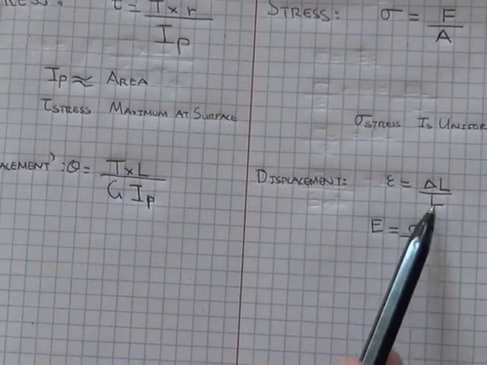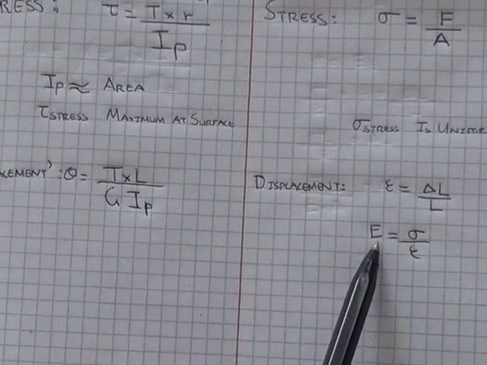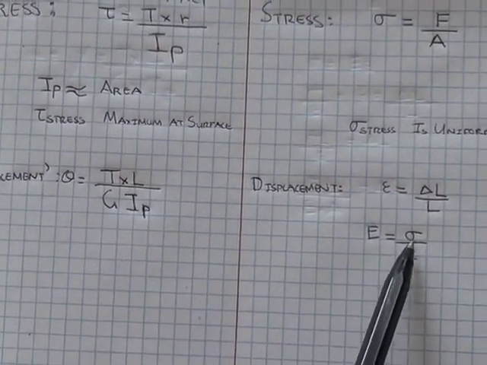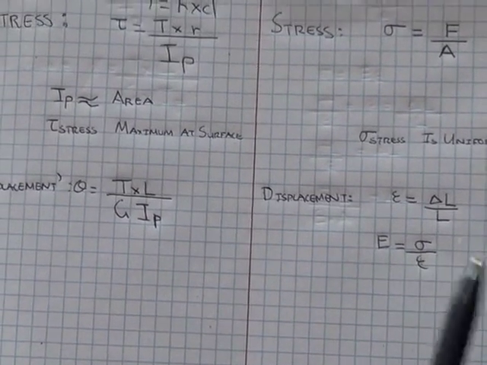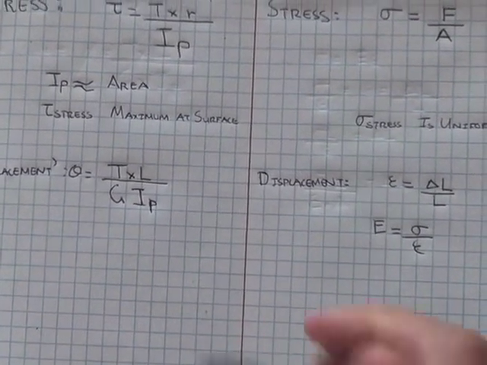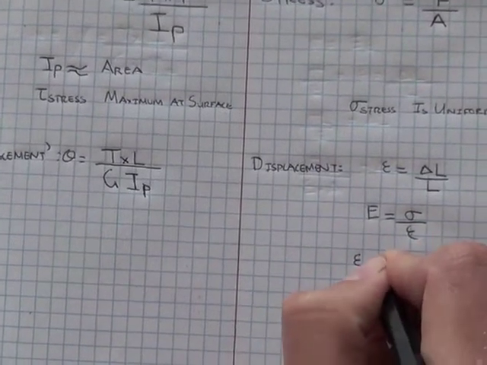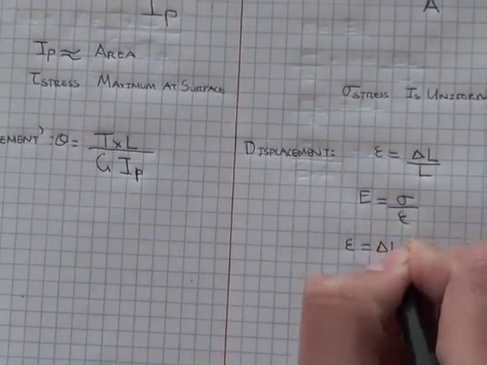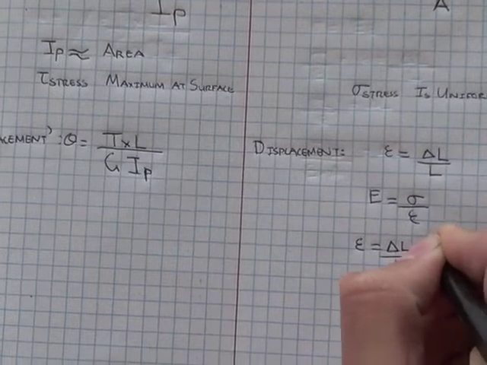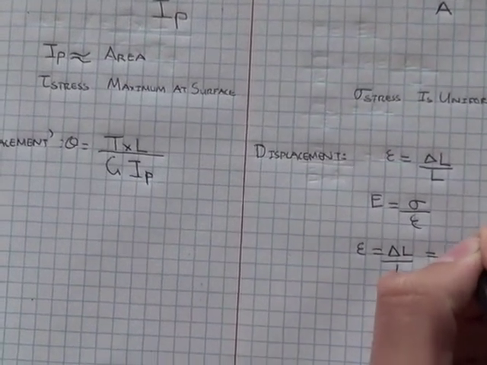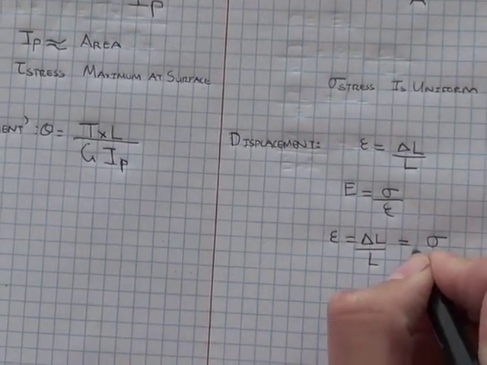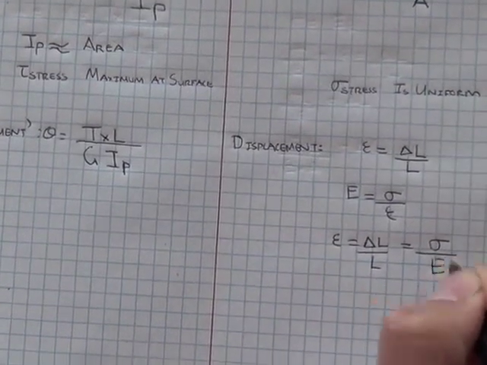So here we have strain as change in length over length, and you'll also remember that the Young's modulus is equal to the stress divided by the strain. So this means we can now write strain, which is equal to change in length divided by length, is equal to the stress, which is force over area, divided by the Young's modulus.